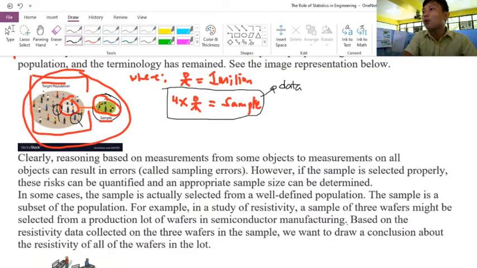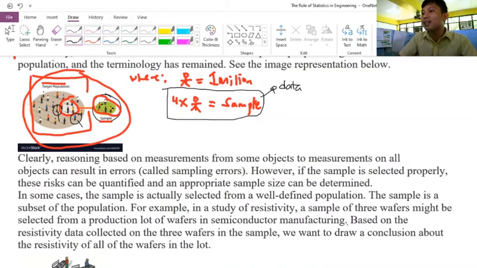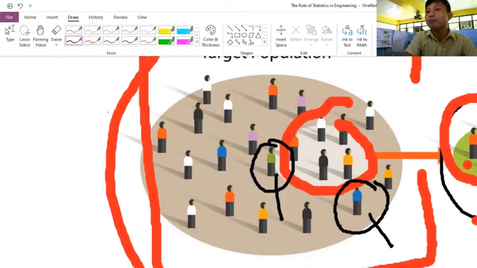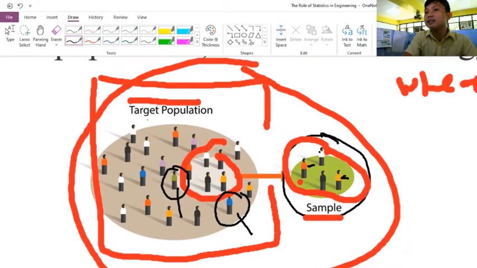Alright? However, sabi dito, if the sample is selected properly, this risk can be quantified and an appropriate sample size can be determined. Because again, looking back at our example, sa dami ng tao na yan, yung sample na yan, na-select lang yan in random.